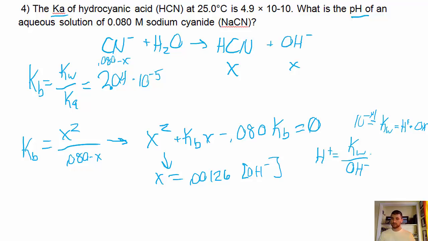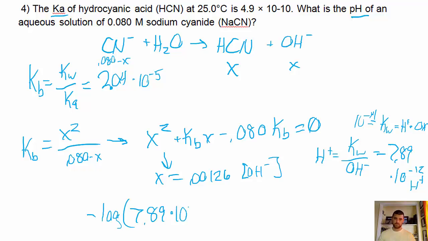So now I plug in the numbers and I get 7.89 times 10 to the minus 12 as my H plus concentration. So I just do negative log of that, and I get a pH of 11.1. Final answer. Tough problems, I know. Questions in class?